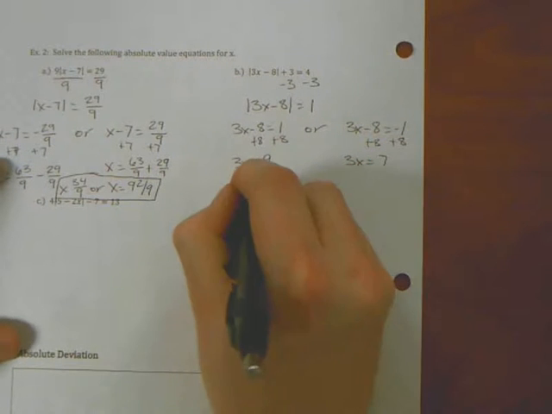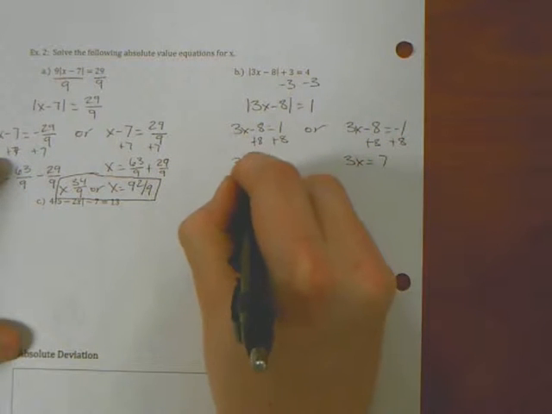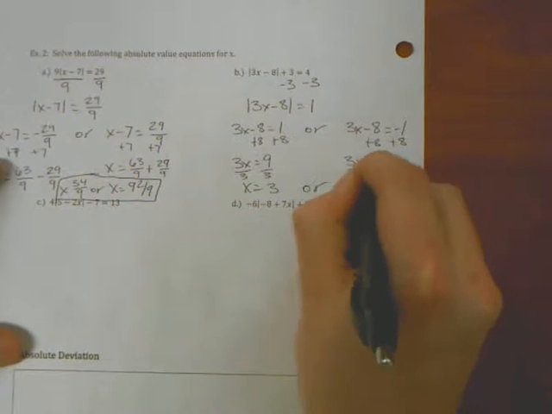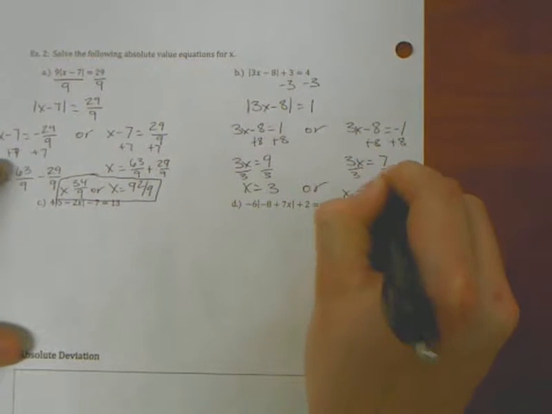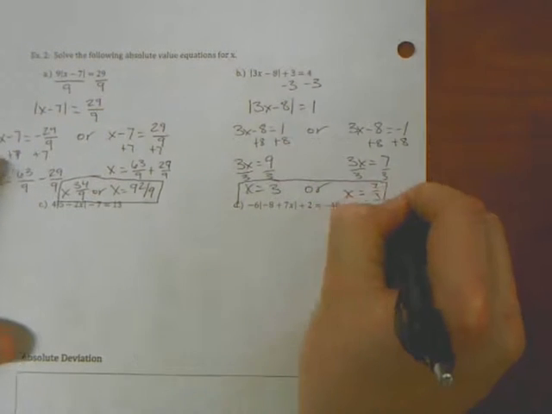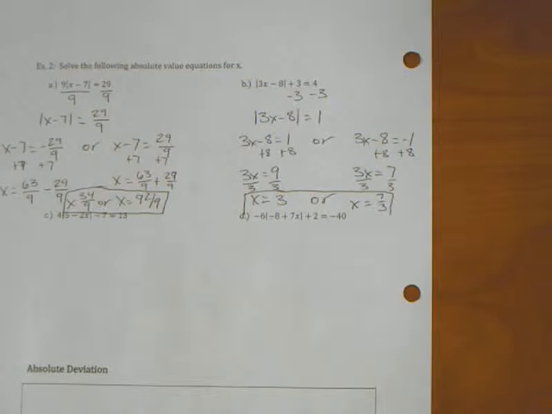So I get x equals, divide by 3 on both sides, x equals 3, or x equals 7/3. You are always going to have fractions. 90% of the time you're going to have fractions. But I've tried to help you out.